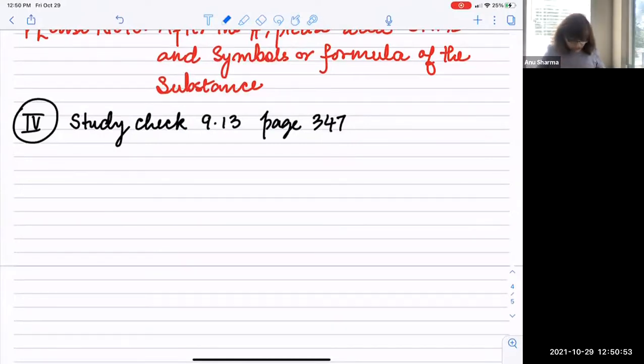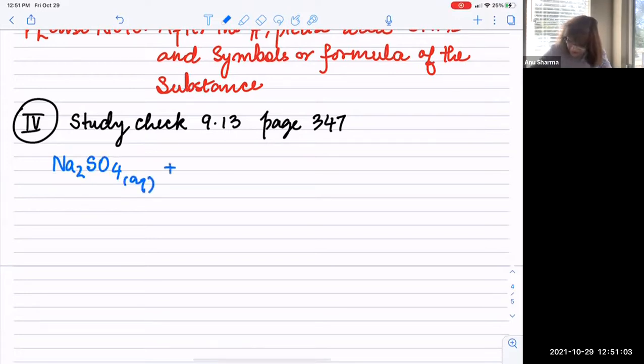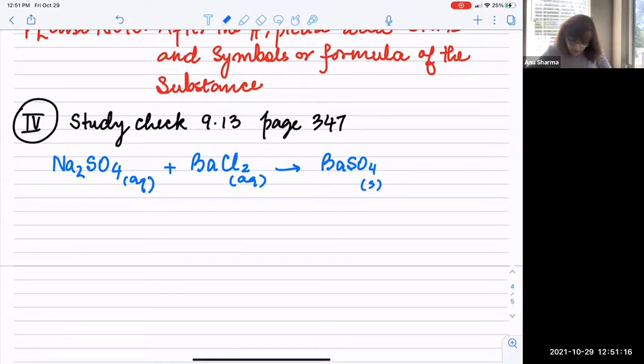So what reaction is here? We are using Na2SO4, aqueous, soluble in water, plus BaCl2, aqueous, soluble in water, and this gives you BaSO4, which is solid, plus 2 moles of NaCl, aqueous.